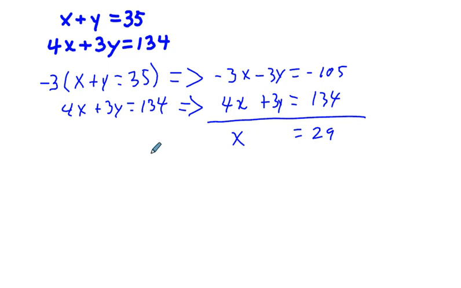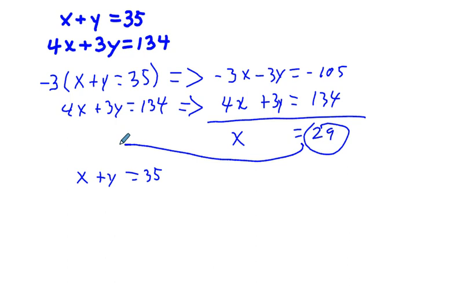That's part of our solution. Now next, we're going to take this first equation, x plus y equals 35, and we're going to take this value of 29 and substitute it back in for x. And so when we do that, we get 29 plus y equals 35.